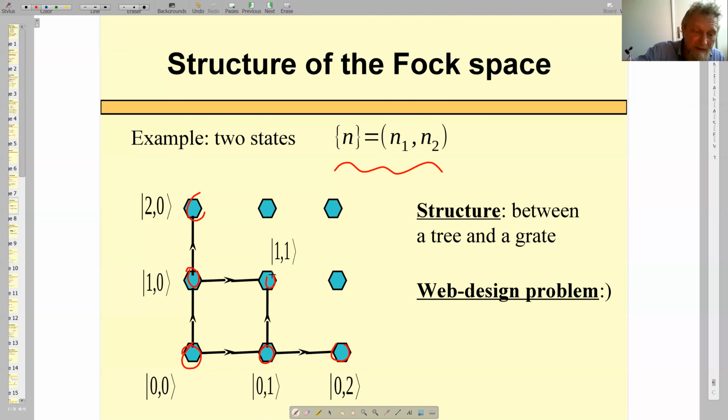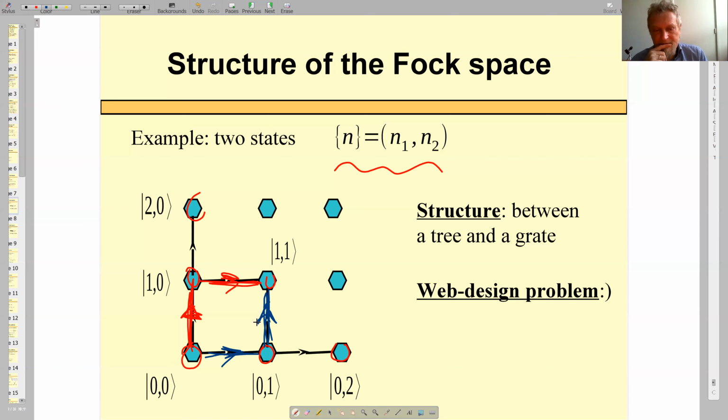So, for instance, you can create a particle in the first level, then create one in the second. As I mentioned, you could do it the other way around, in a different sequence. It doesn't matter. Because of the commutation of these operators, you will come to the same state.